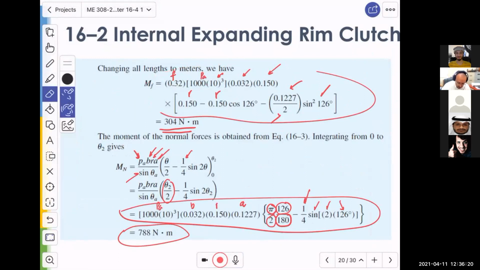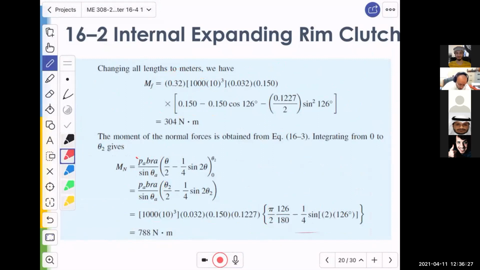Let me first clean this. For the left shoe, if you solve this again, you will come here and substitute this one as PA. And what are you going to get?